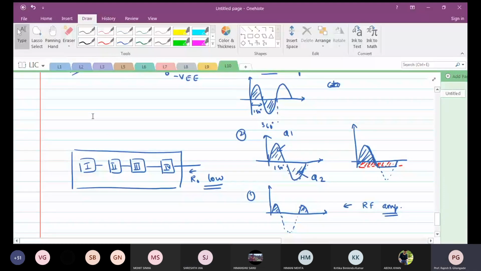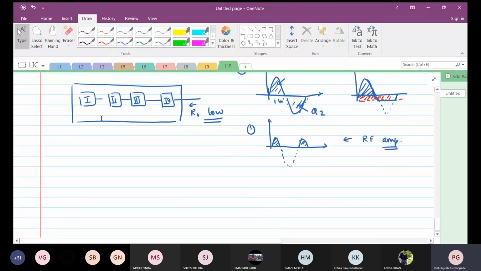The reason why we have the complementary symmetry push-pull amplifier or the output stage is, number 1, to have the current gain, and number 2, to lower the output impedance. Remember the big picture.